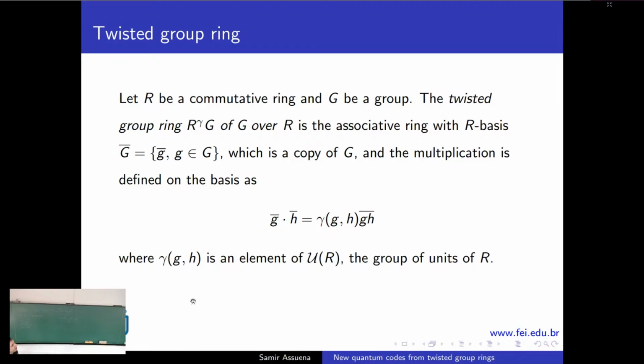And this element has to be a unit of the ring R, and this mapping is called a twisting. And of course, if we take the twisting equal to 1 for every H and G, we have exactly the group ring. Okay? In order for this ring to be associative, this condition holds, and these conditions tell us that this mapping gamma is a 2-cocycle. Okay?